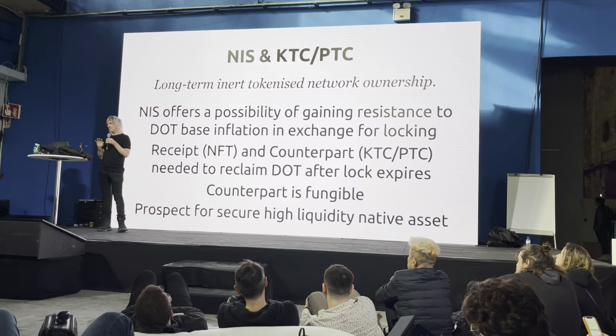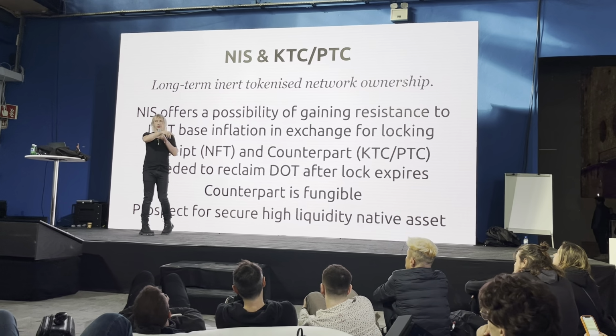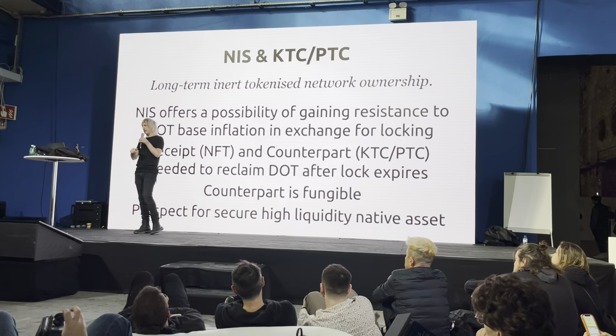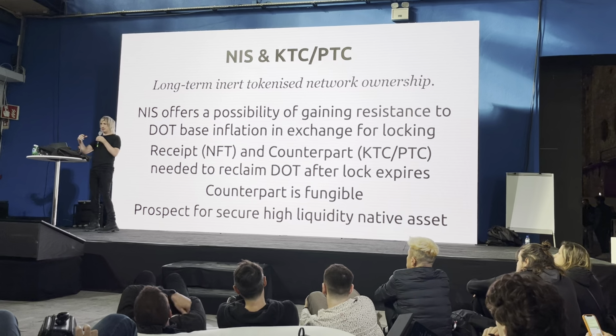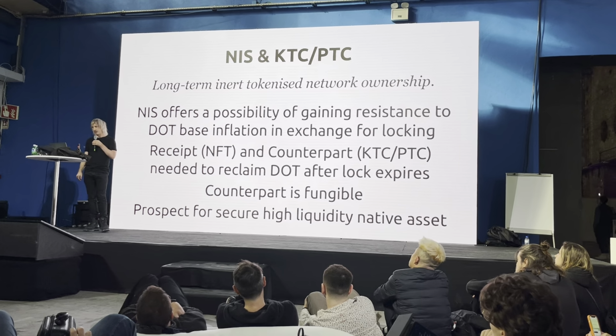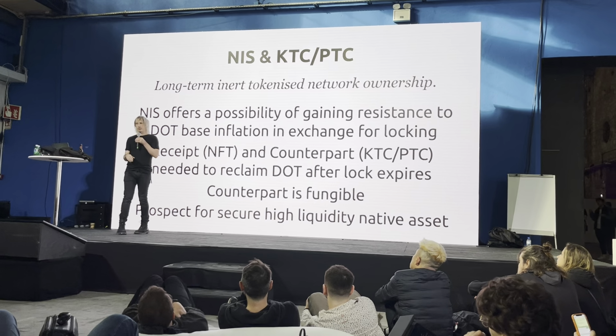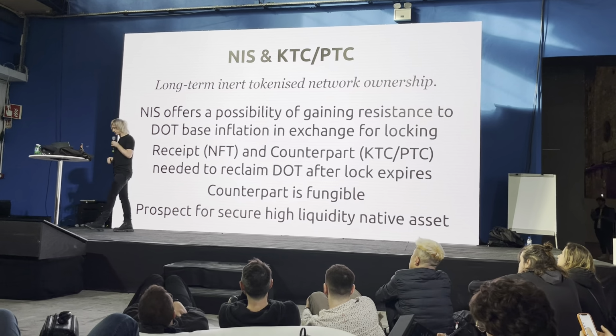And the idea is that you have to provide them both to trade them back in for the original percentage of tokens. These counterpart tokens can in principle just be moved around arbitrarily. They're fungible with each other.